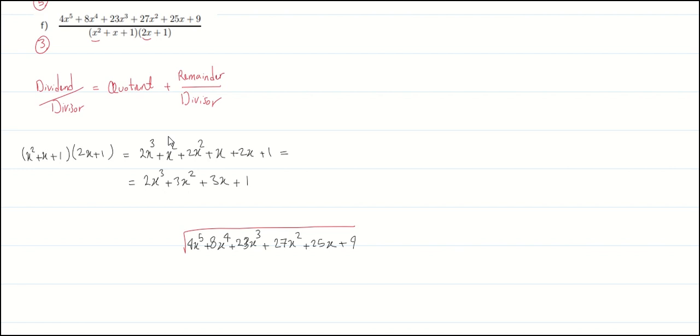And the expression on the bottom, which we got in here, is 2x cubed plus 3x squared plus 3x plus 1. Now what you do is divide the first terms.